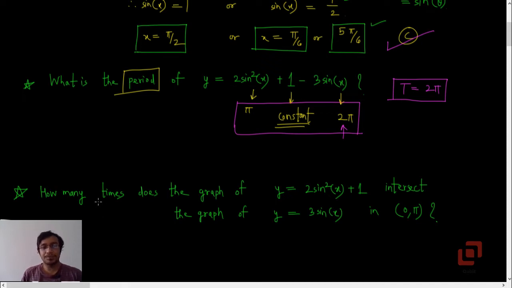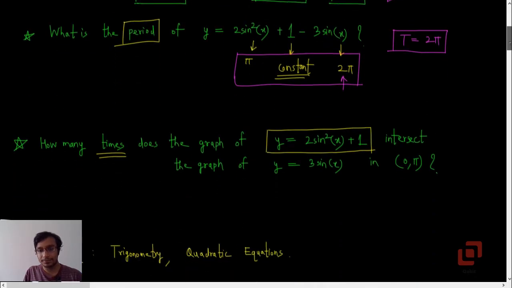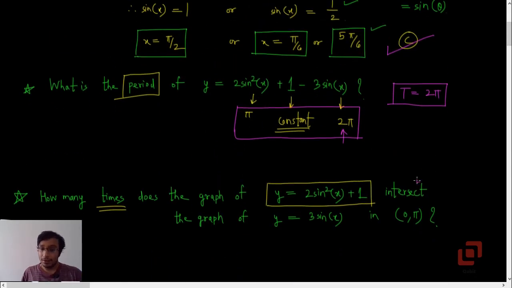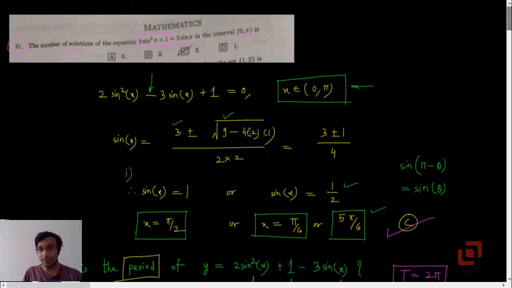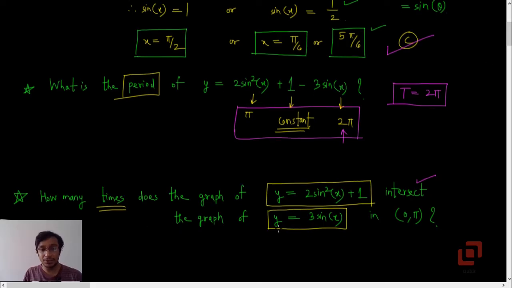They may ask you this: how many times does the graph of the function y equal to 2 sine squared x plus 1, that means the LHS of the given equation, intersect the graph of the function y equal to 3 sine x, that is the right hand side of the equation, in the open interval 0 to pi.